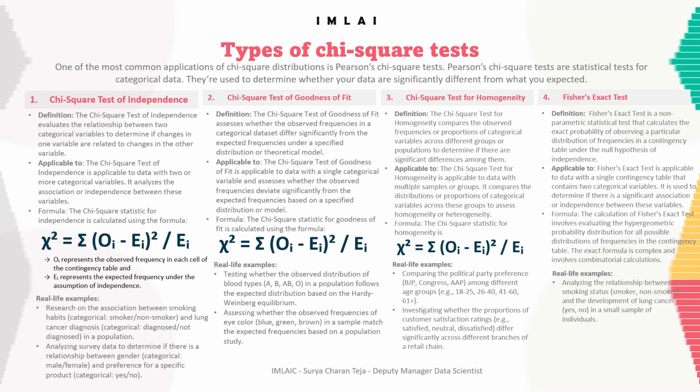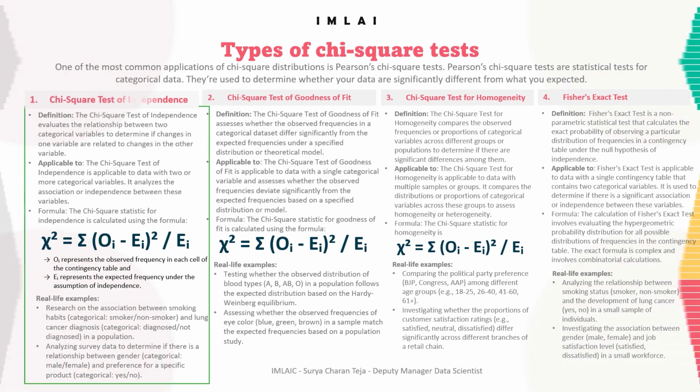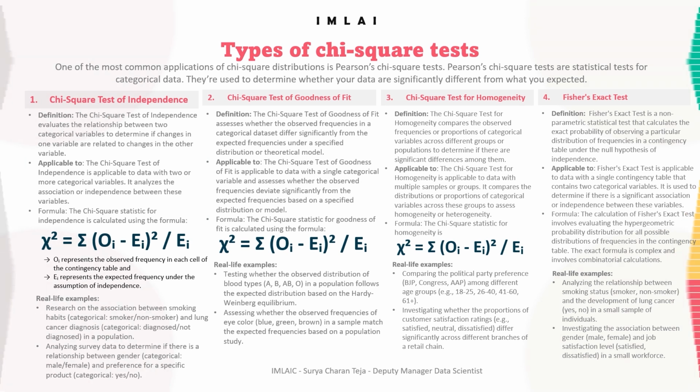And assessing the link between the use of a specific medication, yes or no, and the occurrence of adverse side effects, present or absent, in a clinical trial with a limited number of participants. In these examples, Fisher's exact test would provide insights into whether there is a statistically significant association or independence between the two categorical variables, taking into account the sample sizes and distributions observed in a contingency table.